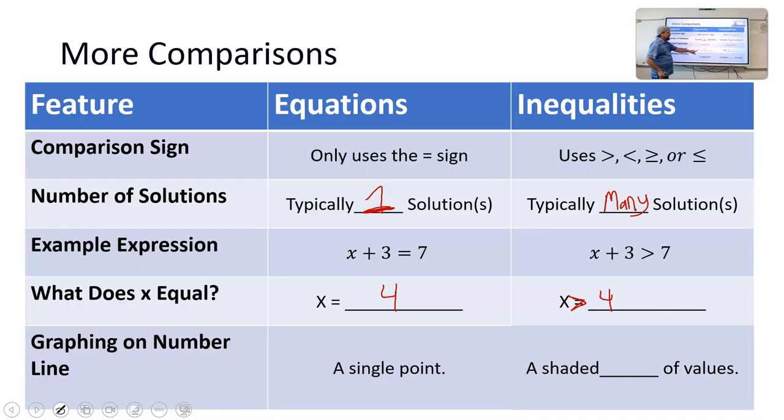So here there's only one solution, which is 4, and this one would be anything bigger than 4. And then when we graph these, graphing a number on the number line is just a single point, and this would be a shaded region of values. That's an R. Sorry, my handwriting's great.